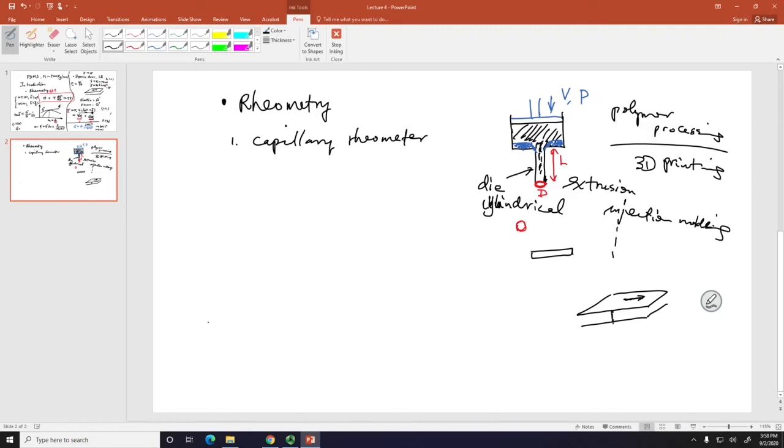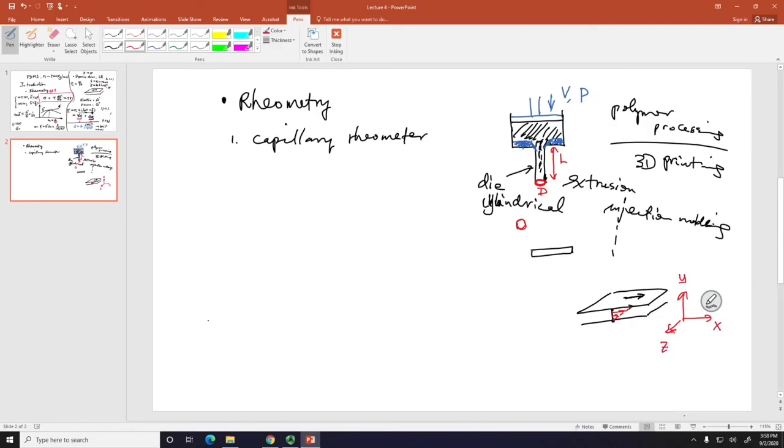If you look at your velocity, here is 0, here is finite, and anywhere here is in between. You have a gradient. That gradient is perpendicular to the moving direction, to the shearing direction. The gradient is in the y direction, the moving is in the x direction, and the third direction is the so-called vorticity direction. So that's the feature of shear.